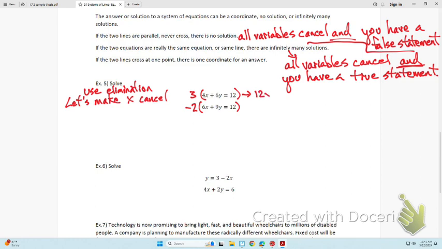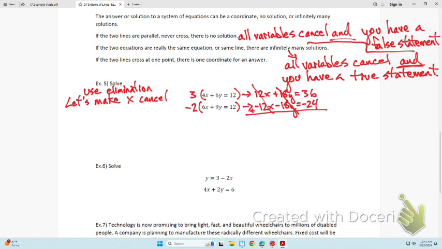And I'll be able to do elimination. So 12x plus 18y equals 36, and -12x, -18y, equals -24. We're ready to go. The 12s are going to cancel out. But look, the y's also cancel.